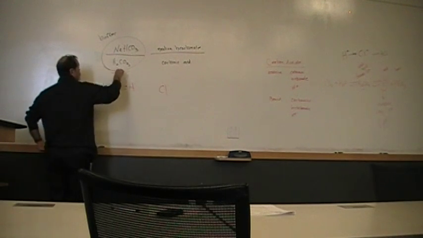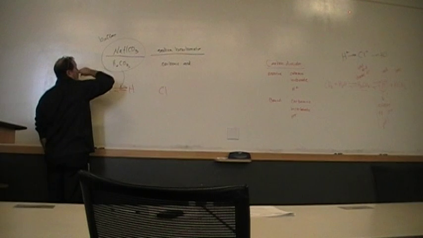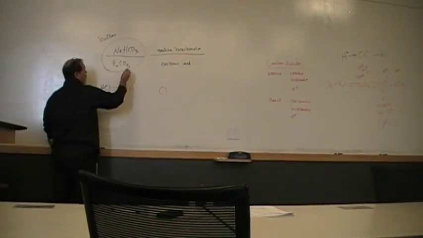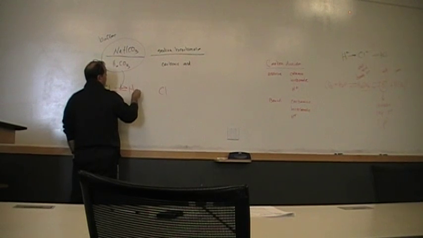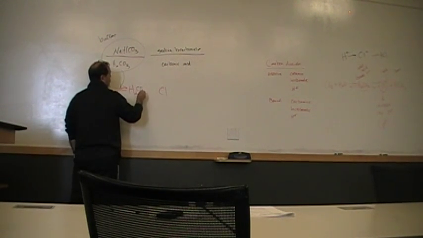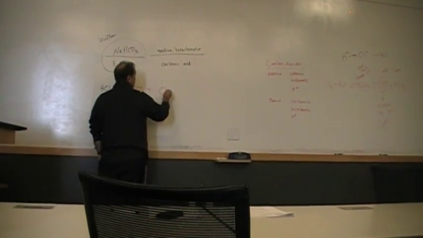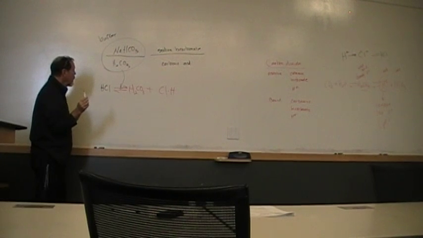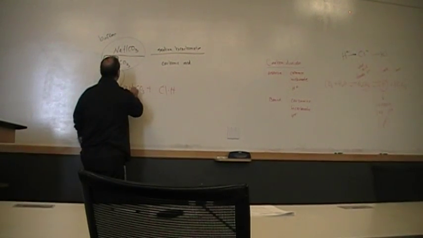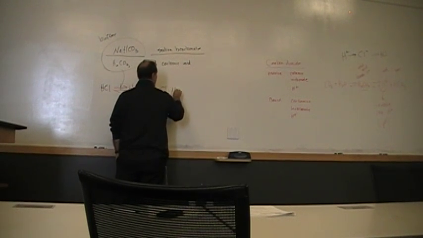And so what we do is we take this weak buffer, and we combine the hydrogen with another hydrogen and a bicarbonate, plus chloride and hydrogen again. Sodium, Na plus.